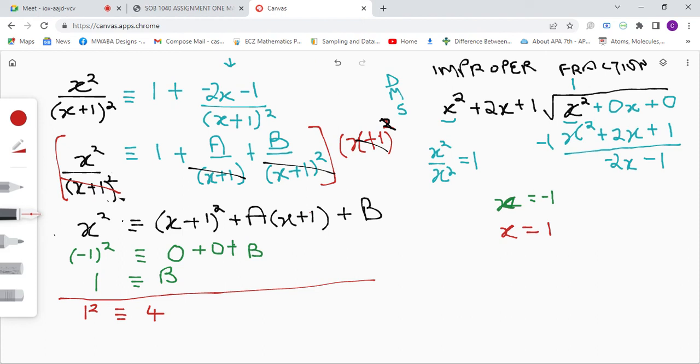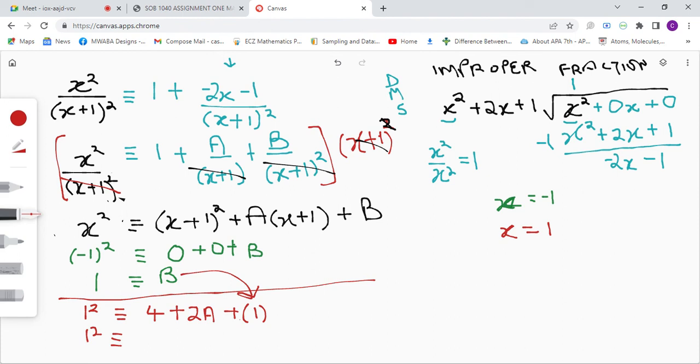Here we have 1 plus 1, that is 2. 2 times a, that is 2a. Plus 2a. And we already know our value for b, so b is 1, so we substitute 1 for b.